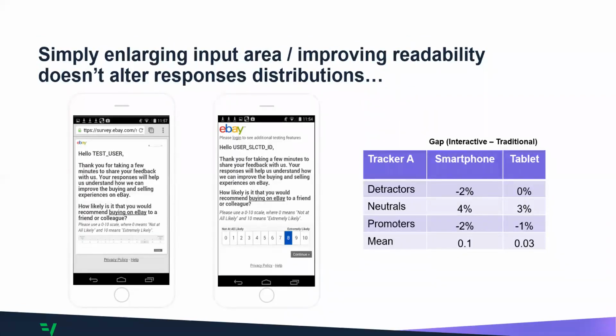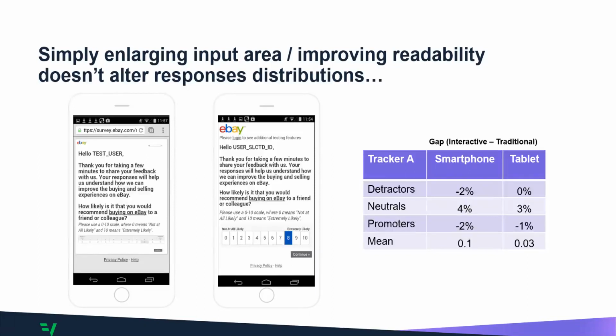In contrast, when we are not really changing the fundamentals of the question structure, it doesn't seem to matter much to your data. So, for example, in this illustration I have here on the slide, if we go from a traditional radio button, single select rating scale to a mobile optimized design where we're really enlarging the input areas, adding a little bit of color, increasing the font size, the structure of both versions is pretty much similar, where you have the same scale length and scale direction.